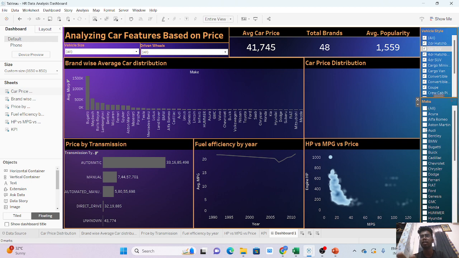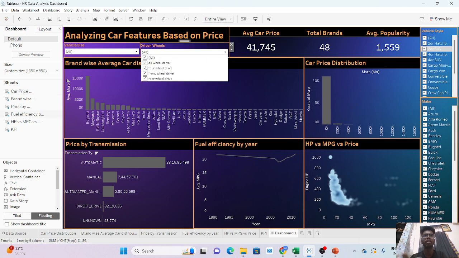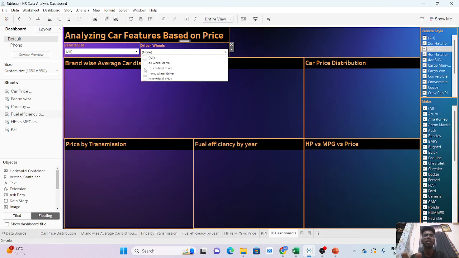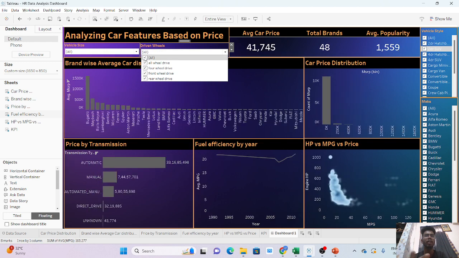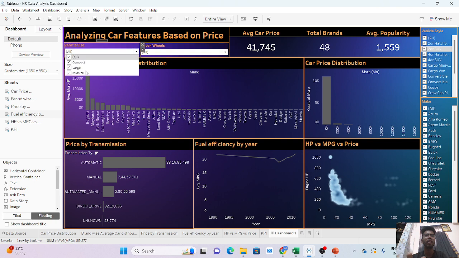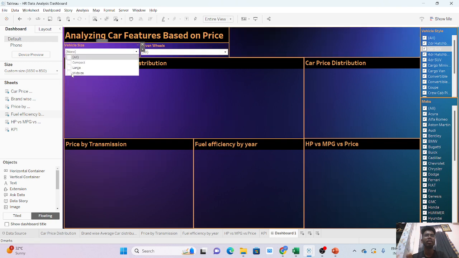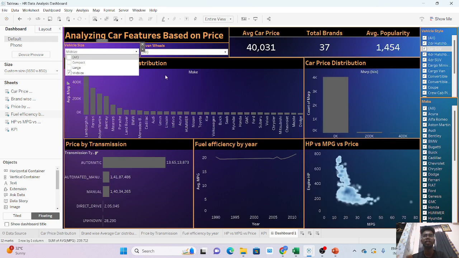If I click four wheels, it only shows the four-wheel-drive cars. The vehicle size filter also changes the view. If I click mid-size, it shows only the car distribution for mid-size cars, and mid-size car prices are mostly distributed below 2000.